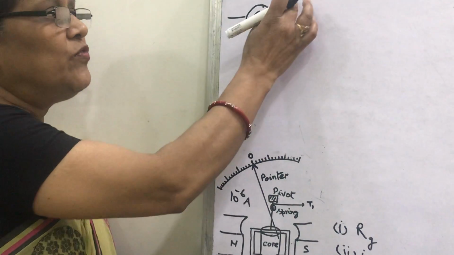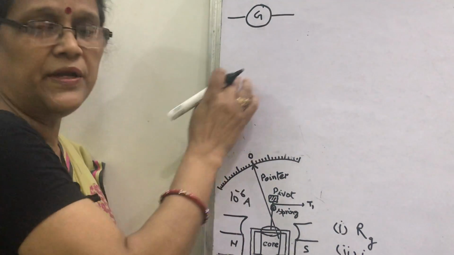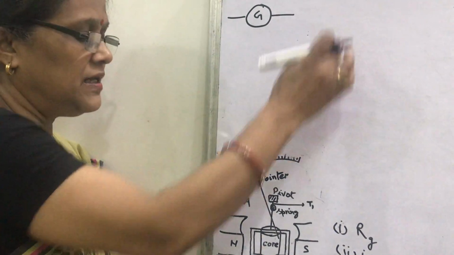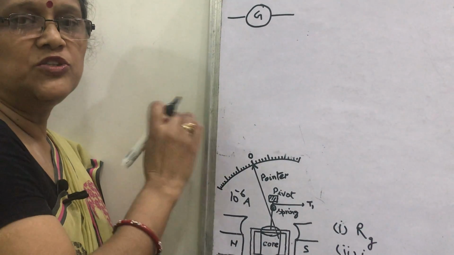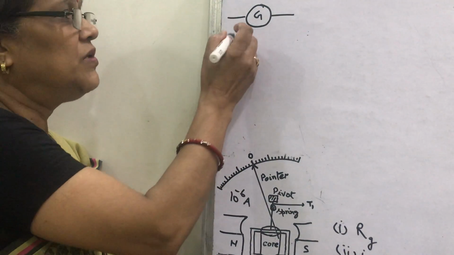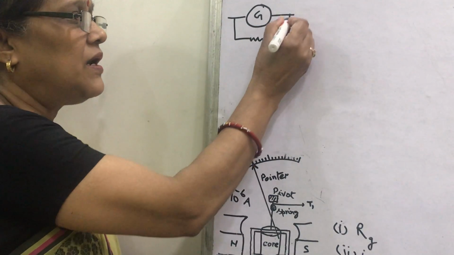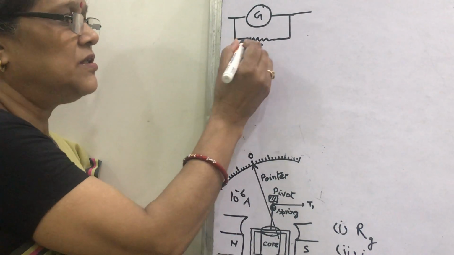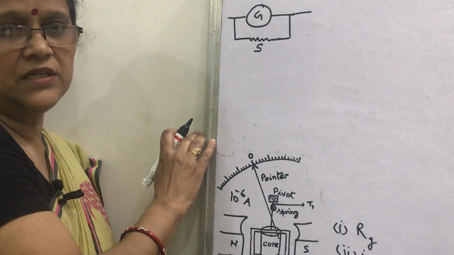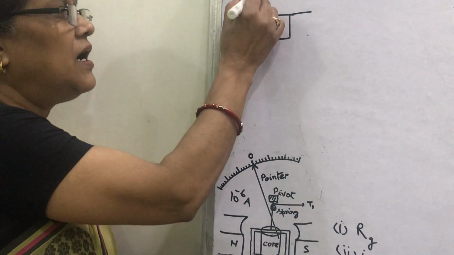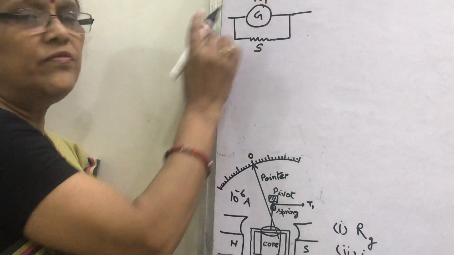Listen again, you want to convert a galvanometer into an ammeter. The galvanometer has some resistance Rg. So to reduce that, what is to be done? A shunt is connected in parallel to it. Suppose S is the resistance of the shunt and Rg is the resistance of the galvanometer.